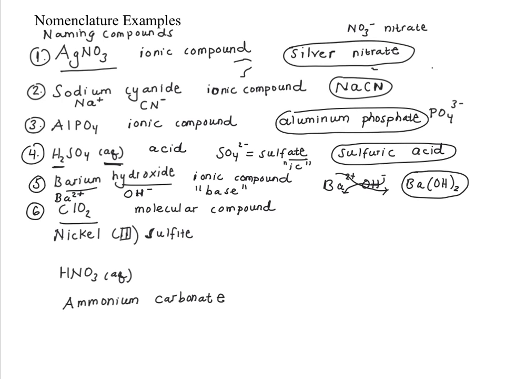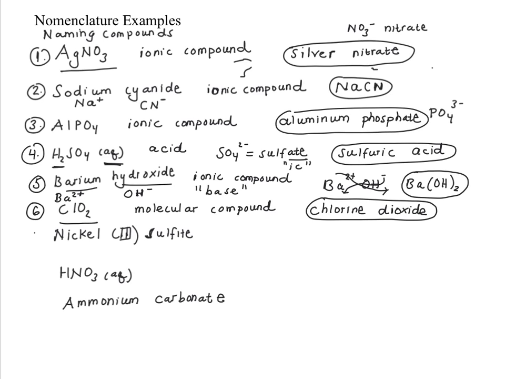Since there's only one chlorine, we're going to leave it as chlorine. And since there's two oxygens, we have to use the prefix di, which means two. And oxide is going to represent the oxygen. So the answer to this is chlorine dioxide.